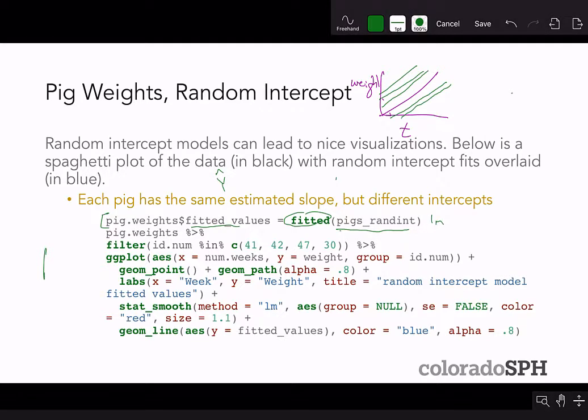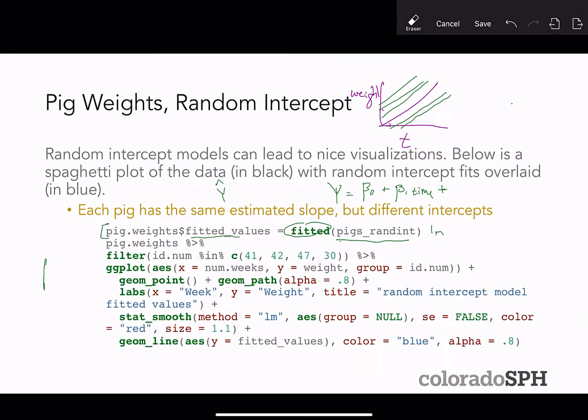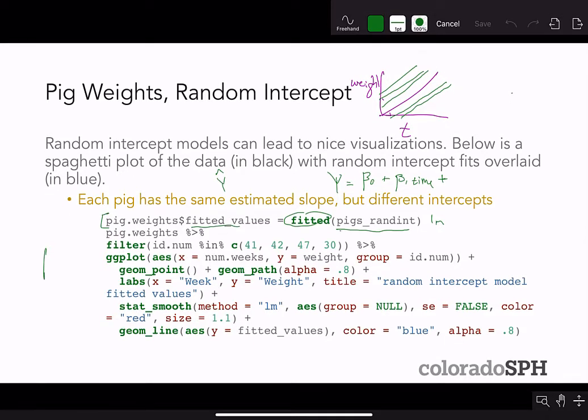So the model that we fit was y equals beta 0 plus beta 1 times time plus, that will actually be your random intercept.